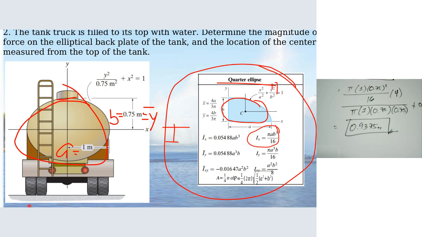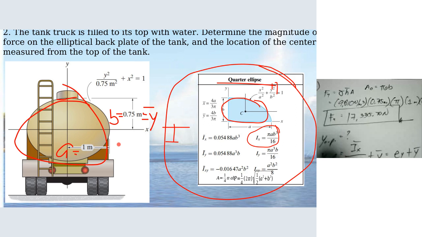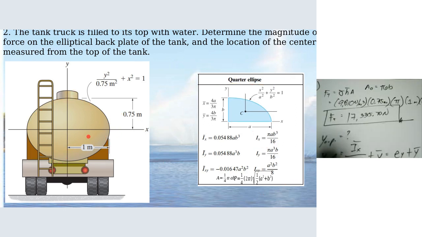So, yan yung location nung f sub t from the top. Okay? So, let's say, ito yung f sub t natin na yung magnitude niya ay 17,335.7.